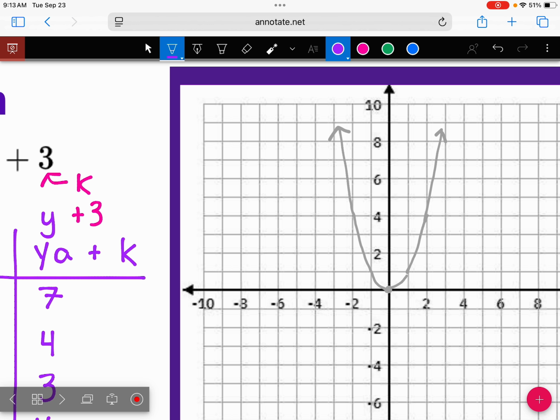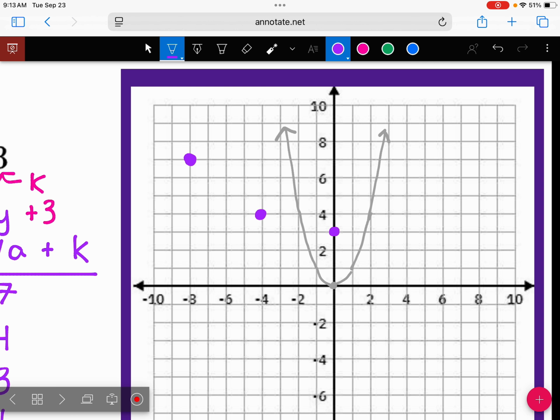So our -8, +7 is way up here. -4, +4. 0, 3. 4, 4. And 8, 7. There we go.